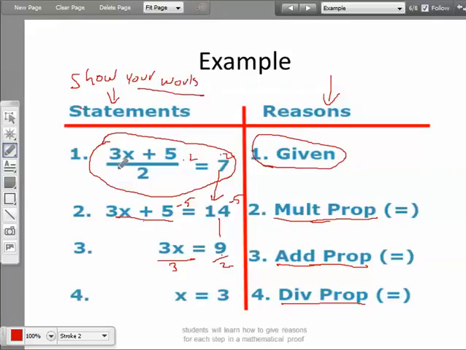I know you've heard that from every other math teacher you've ever sat through, right? So if you show your work that you're doing, and then you write down the reason why you're doing it, that's what makes an algebraic proof. That's what makes a proof. You show your work. You show each step that you take, and then you write down a reason to support why you made that step.